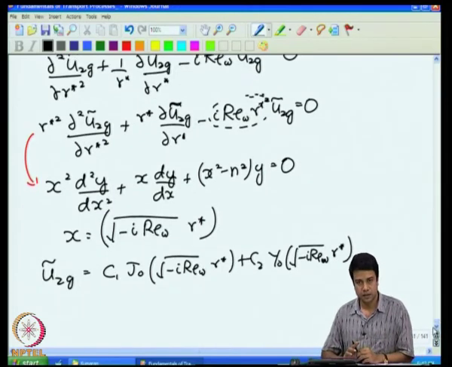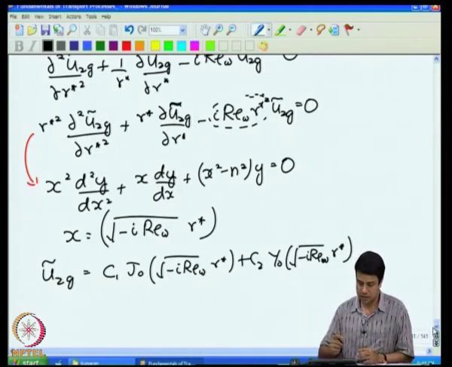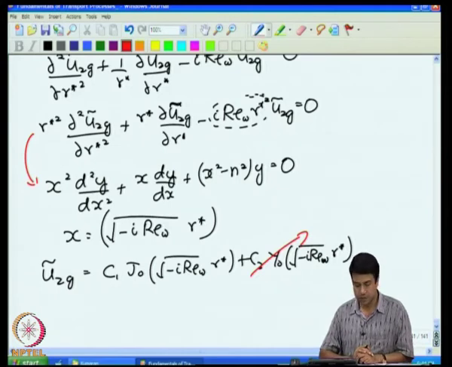However, we saw in the 18th lecture that whenever you have an equation of this form, the Bessel function Y naught goes to minus infinity at 0. So, if u z general has to be finite, the coefficient C 2 has to be equal to 0. If C 2 is not 0, then the solution will go to plus or minus infinity at r star equal to 0. So, the central symmetry condition itself indicates that the solution can only have J naught in it. This is the general solution.